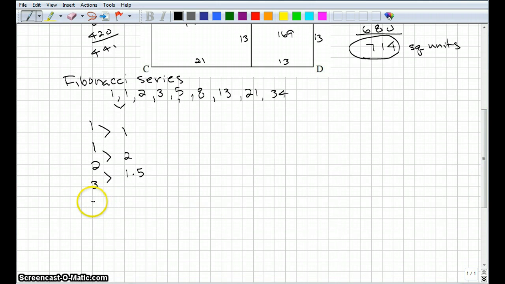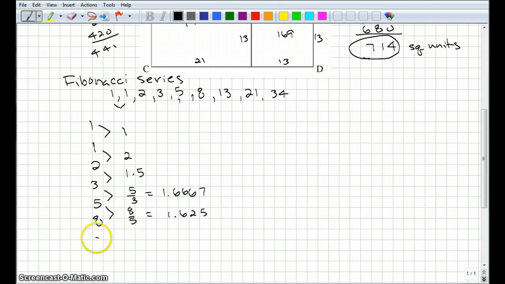If I take the next number, which is 5, and I look at the ratio here, 5 over 3, that's just 1 2/3, which is 1.666 repeating, 1.67 if I round it off. Okay? And let's take a look at the next one. The next number would be 8, and if I take this ratio, 8 over 5, I get 1.625, right?